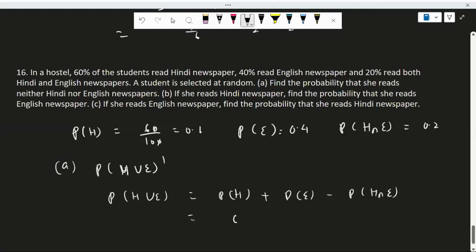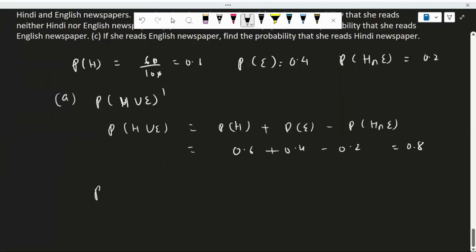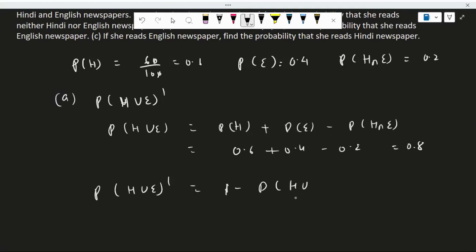That comes to 0.6 plus 0.4 minus 0.2, that is 0.8. And P(H union E)' equals 1 minus P(H union E), that is 1 minus 0.8 equals 0.2.